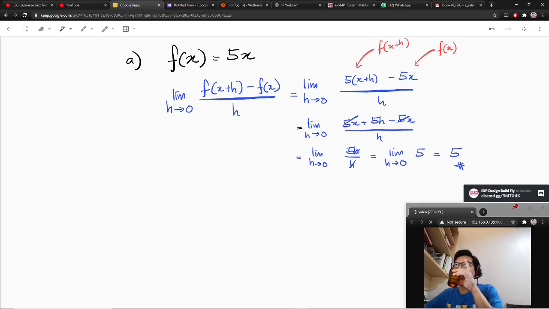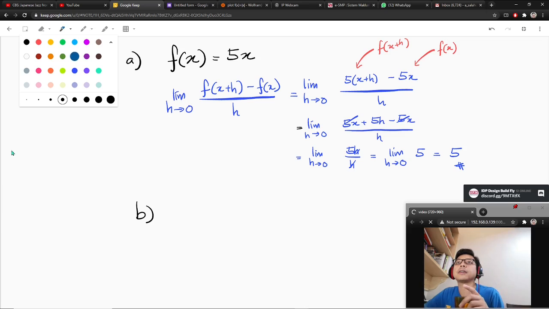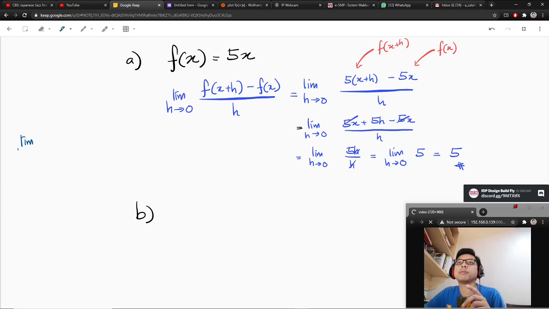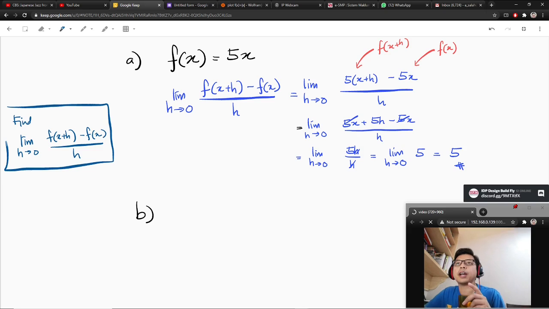Now I'm going to do one more example, and then you're going to do the next one yourself. Basically what we have to do is find the limit as h approaches 0 of f(x + h) minus f(x) divided by h. Okay, this is what we have to do.